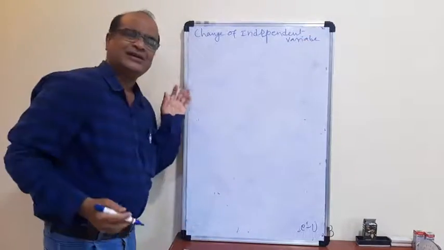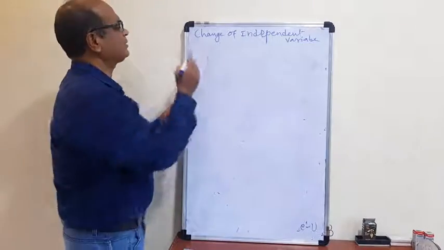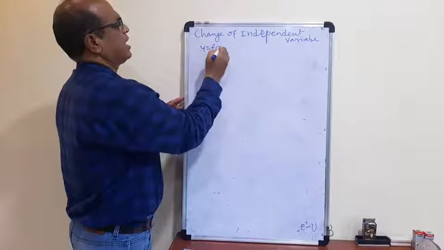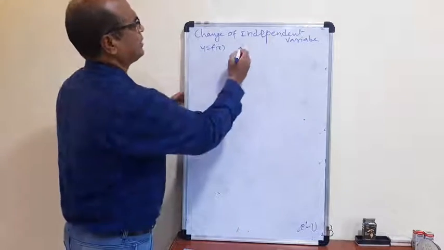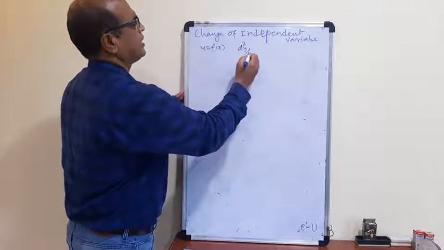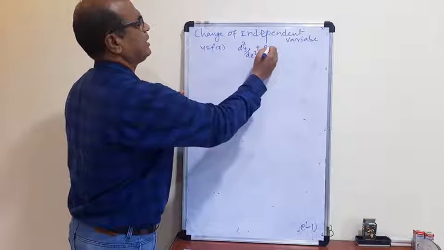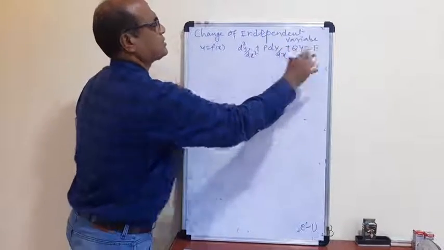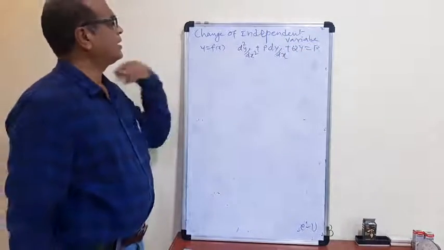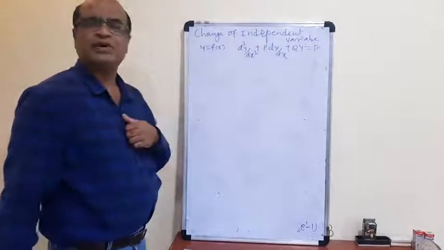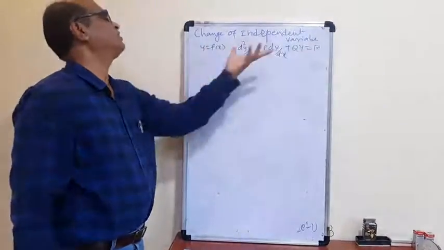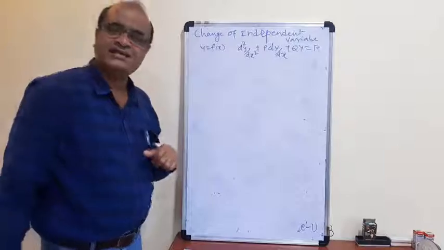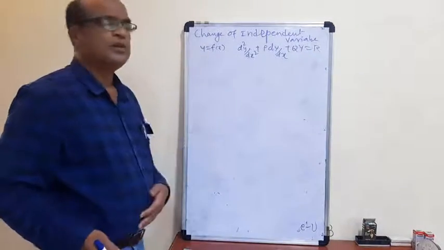What is independent variable and dependent variable? y is equal to f(x) is a primitive, and by using that primitive we obtain the second order differential equation d2y by dx square plus P dy by dx plus Qy is equal to R. So we obtain this equation from this function, which is a primitive of this differential equation. Y is a dependent variable. Y depends on x, and x is an independent variable.